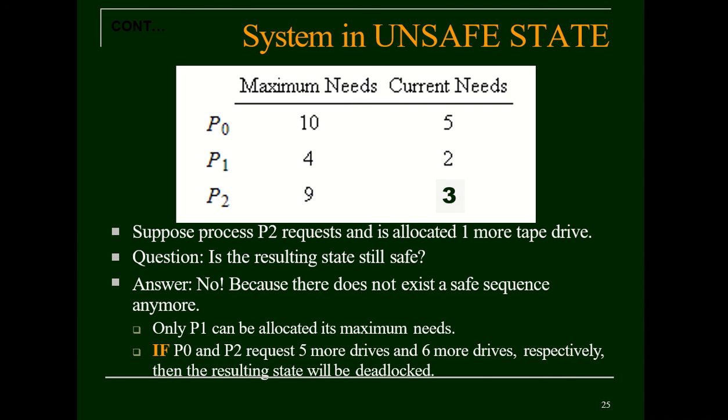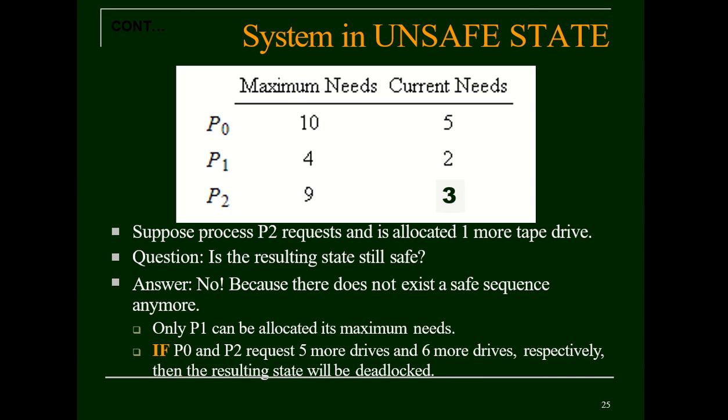Now we can see a system in the unsafe state. Here the maximum needs and the current needs are given. Suppose process P2 requests and is allocated one more tape drive. It means now P2 has 3 current needs. Then the question arises, is the resulting state still safe?